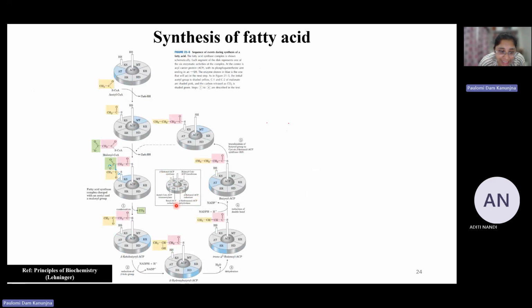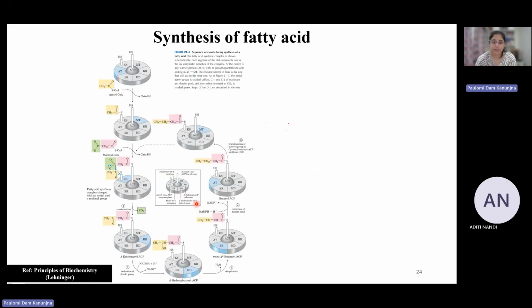We had enoyl ACP reductase. We had beta ketoacyl ACP synthase, which is here. Then we had beta ketobutyryl ACP reductase, which is incorrect because we have hydroxyacyl reductase. And then trans 2-butynyl ACP dehydratase, which is again not part here. You do have a dehydratase, but that's a hydroxyacyl.